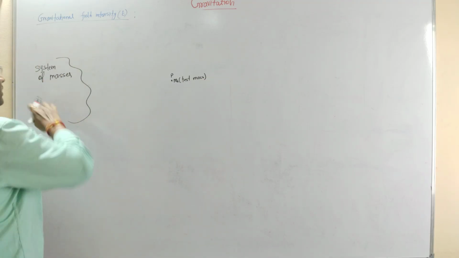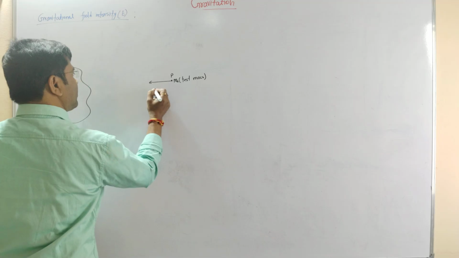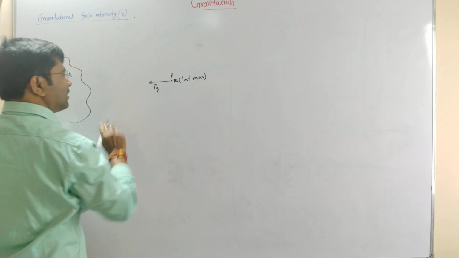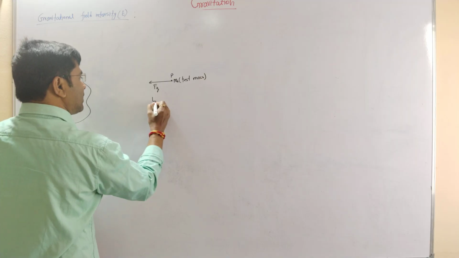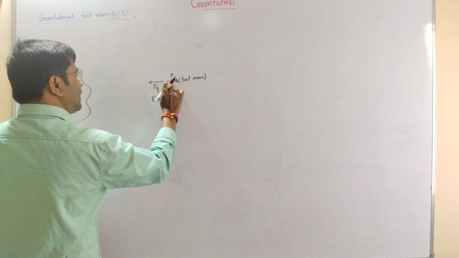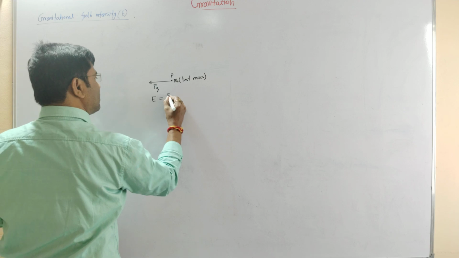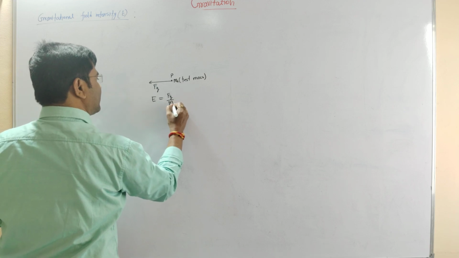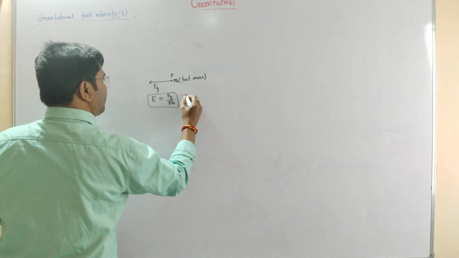We will calculate how much force this system of masses applies on it. That force will of course be attractive in nature. So whatever force is acting on the test mass, we have to find the gravitational field at this point due to these masses. So I will write E equal to Fg upon the test mass. Clear? This is how we calculate it in vector form.